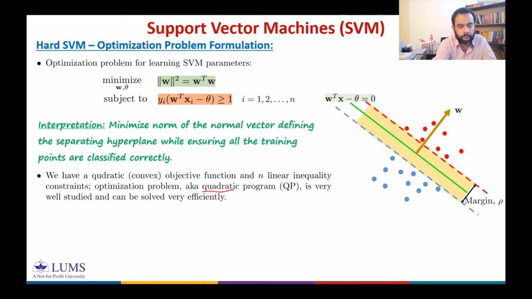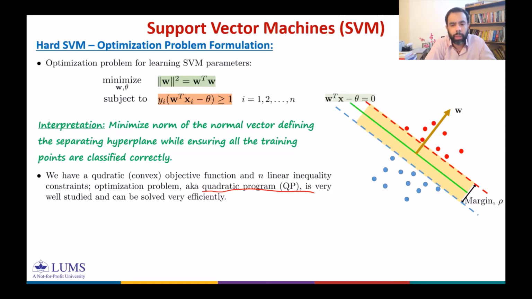A quadratic objective function which you want to minimize, a convex function, subject to linear inequality constraints, is known as QP, a quadratic program. It has been studied very extensively in the literature, and there are very computationally efficient algorithms which you can employ to solve this optimization problem.